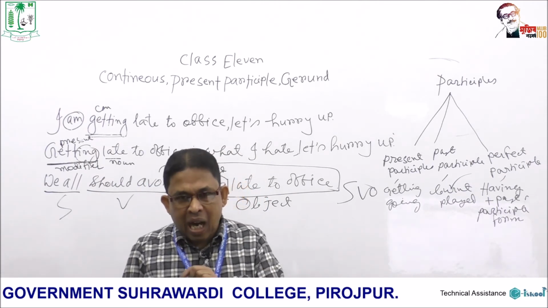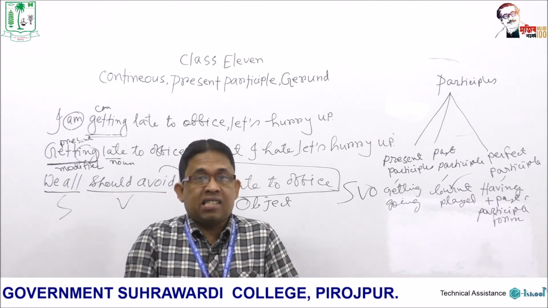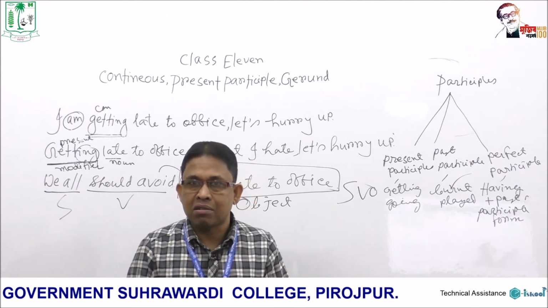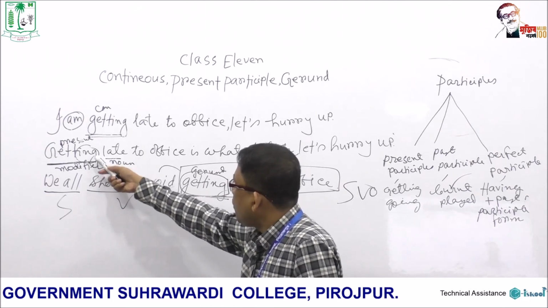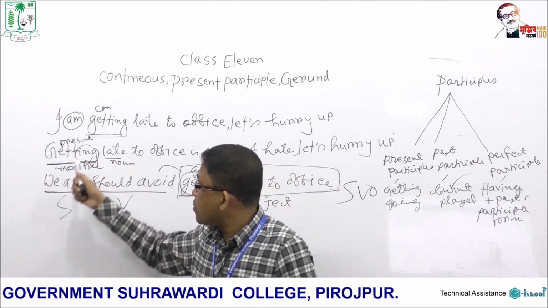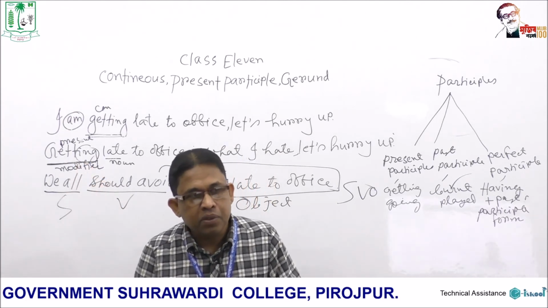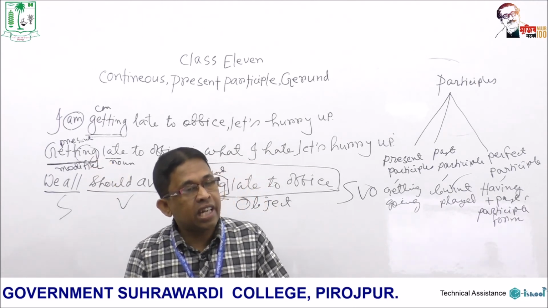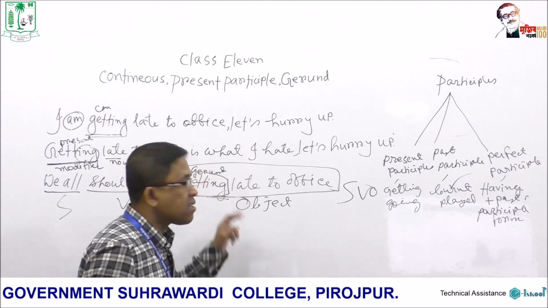So verb plus noun, this simultaneous function is accomplished by the gerund. How is it different from the present participle? The present participle is derived from a verb, and the gerund is also derived from a verb, but the present participle functions as an adjective, whereas the gerund functions as a noun.